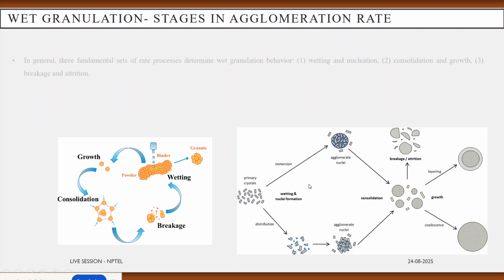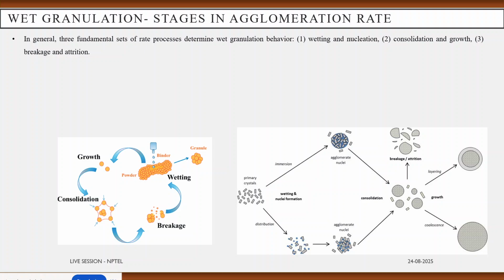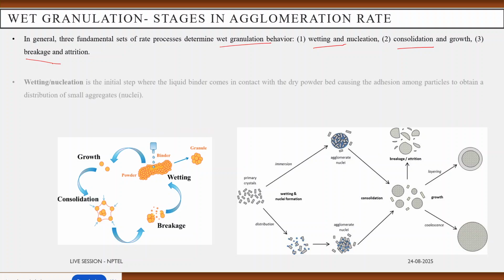In general, there are three fundamental sets of rate processes that determine wet granulation behavior. One is wetting and nucleation, the second stage is consolidation and growth, and the third stage is breakage and attrition.